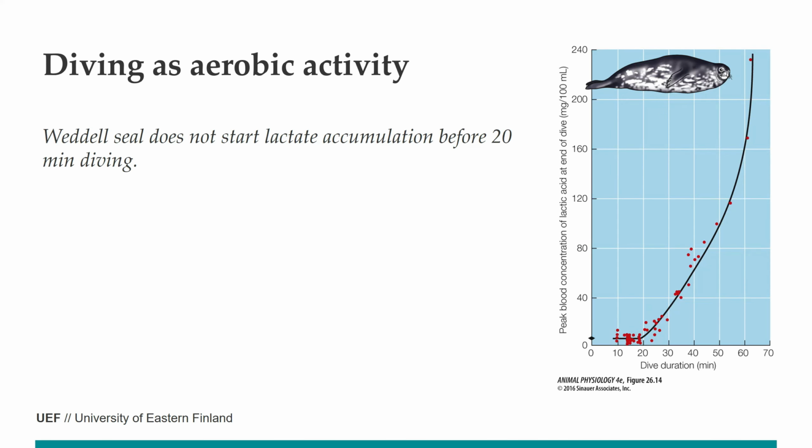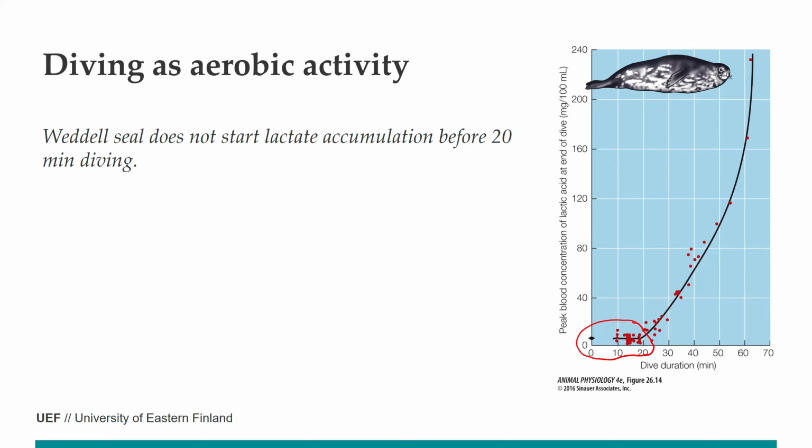So here is a vessel seal lactate accumulation. You can see that it increased very high within 60 minutes. But in the beginning, it doesn't rise at all. Before 20 minutes, it is not producing lactate.